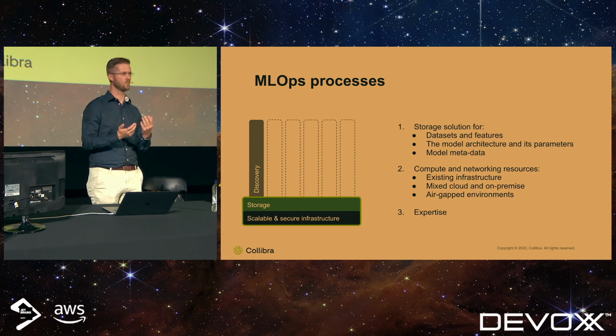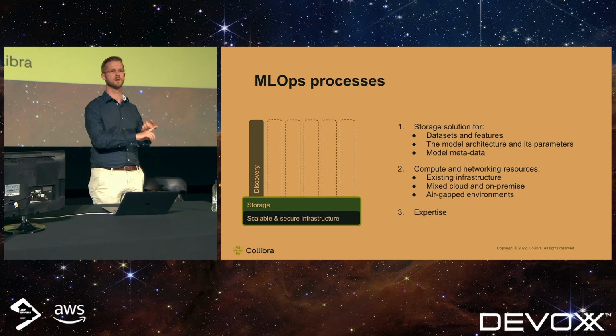Once you train it, you don't want that to get lost, so you need to store it somewhere in a structured way. And three, you're going to need to store all the metadata that these models are producing, maybe during training, evaluation, testing, even in production. For example, in production, how accurate is the model in predicting results for the end user? You need to store that in order to feed back into your process and improve it.